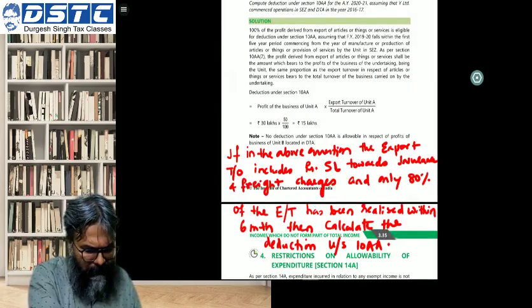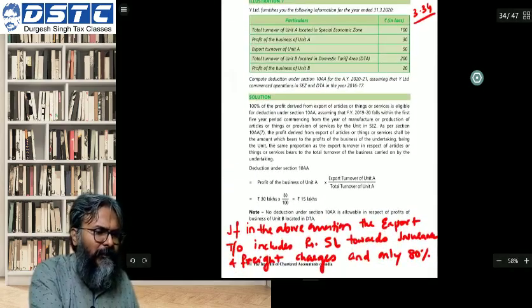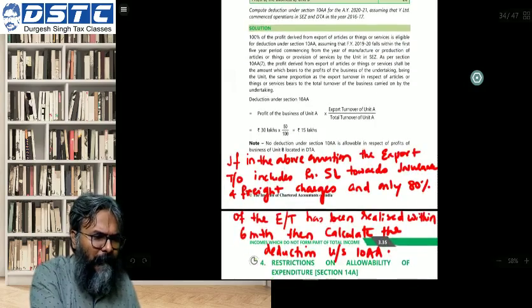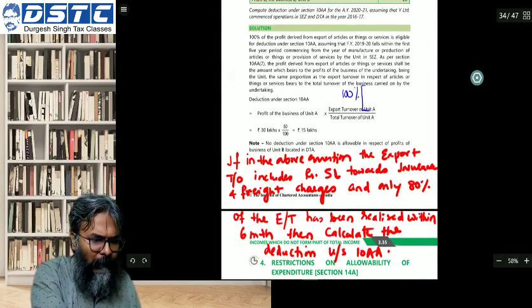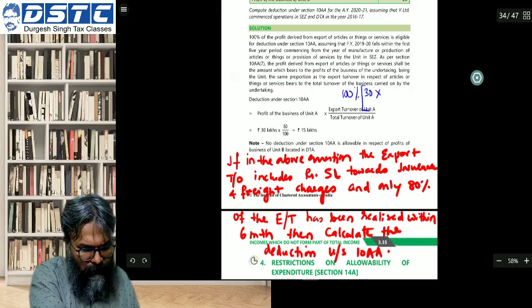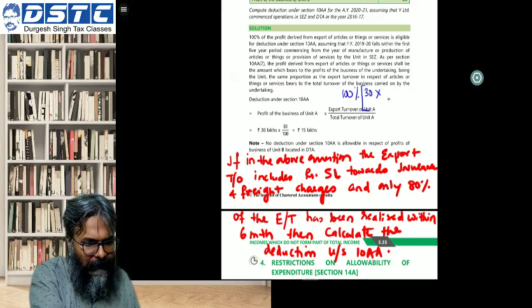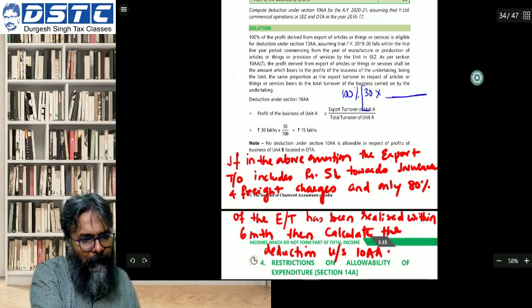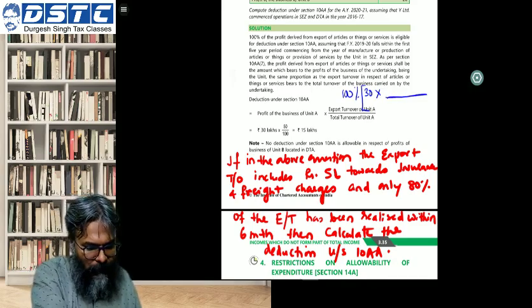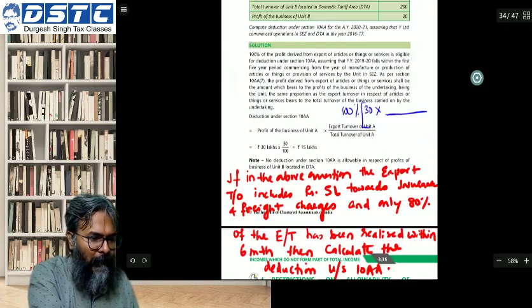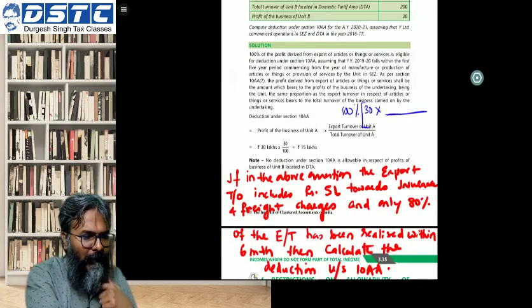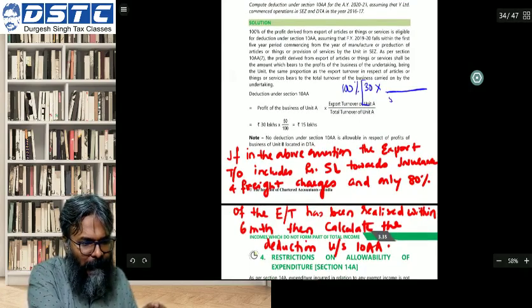So students, considering these answers now, as I was telling you, first of all 100% would be the amount. There is no doubt about that. Profit also will remain the same, 30 lakhs. What will change is the export turnover and the total turnover. Now herein, the accrued export turnover is 50. Out of that 50, 5 is to be reduced, so 50 minus 5.